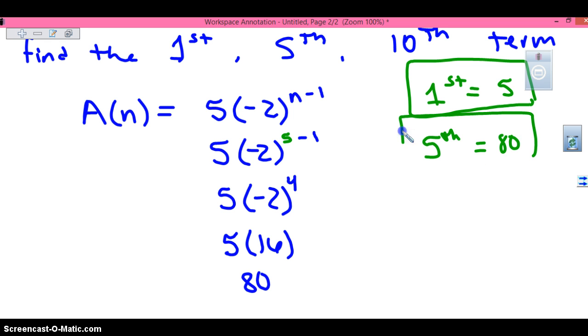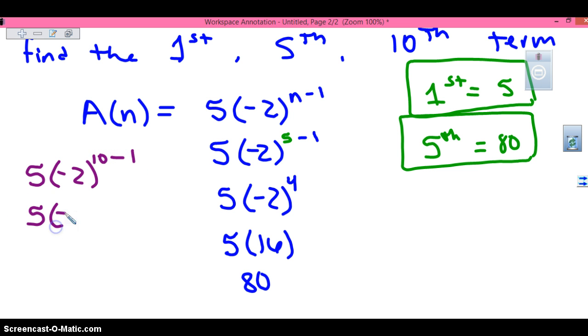How would we find the 10th term? We would have to use the same formula, but instead of the exponent 5 minus 1, it would be 10 for the 10th term minus 1, and 5 times negative 2 to the 9th power.